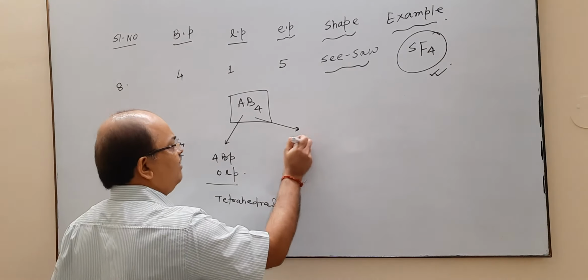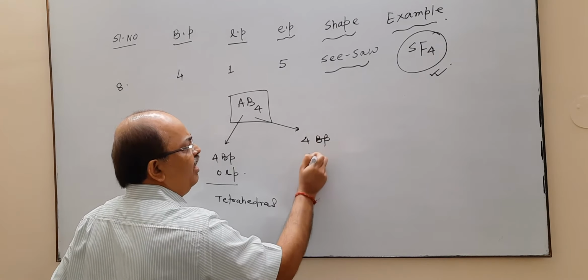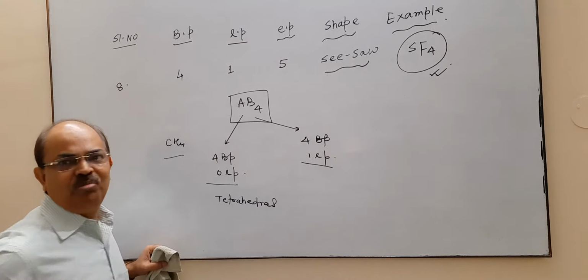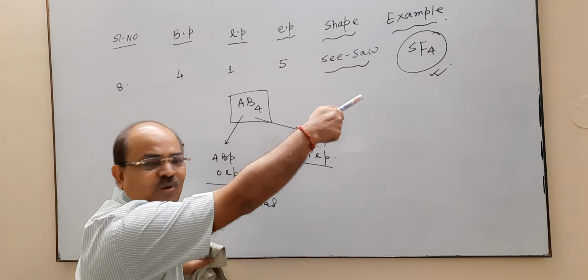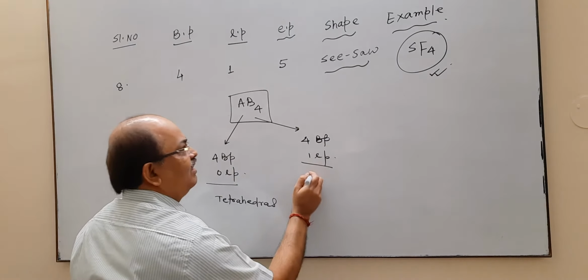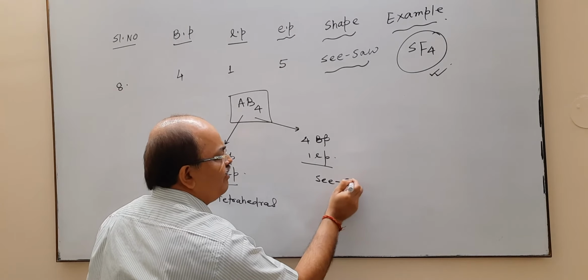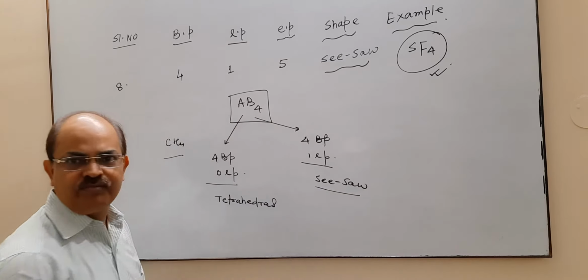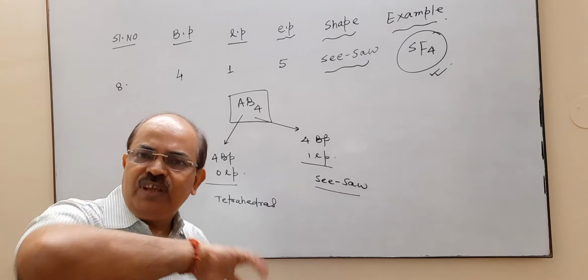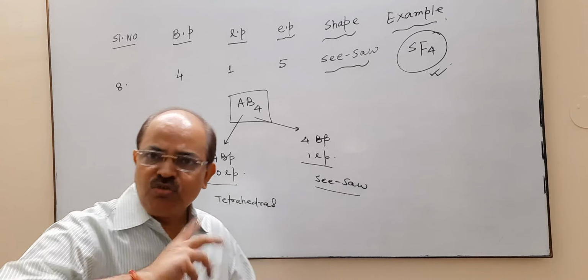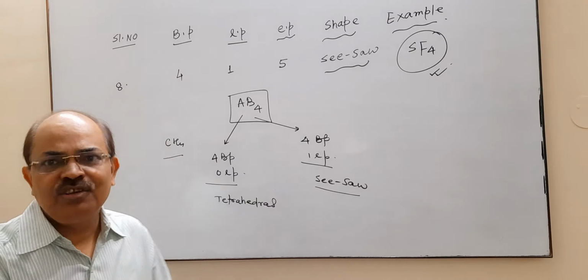But if it has 4 bond pair along with 1 lone pair like SF4, then its shape will be your seesaw shape. So if there is lone pair, due to lone pair the shape will change.